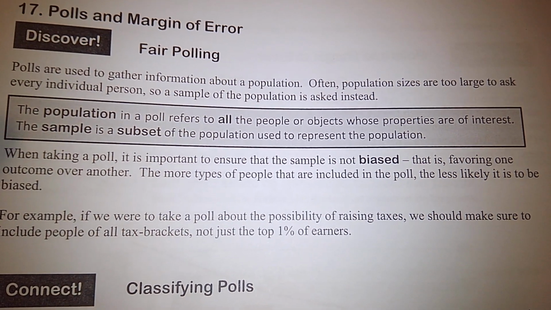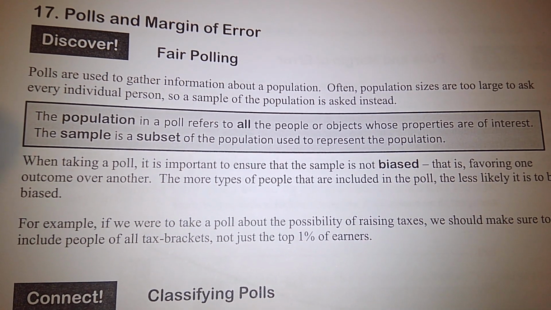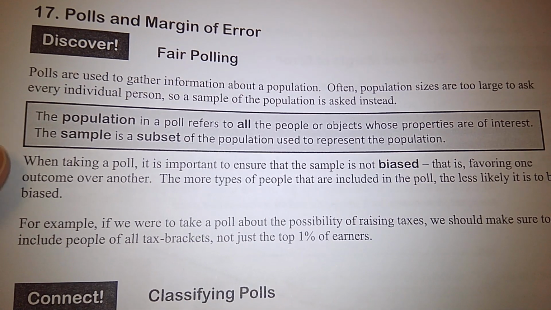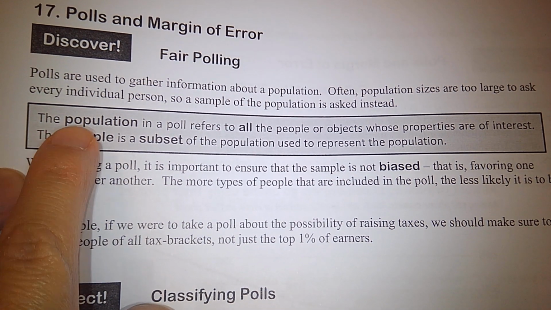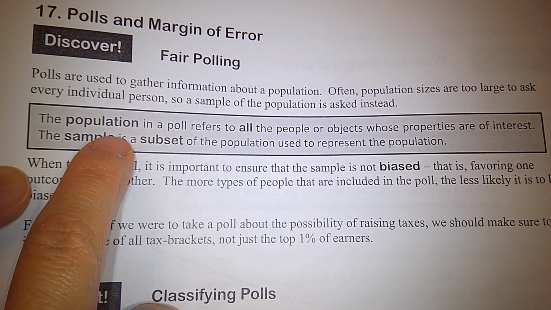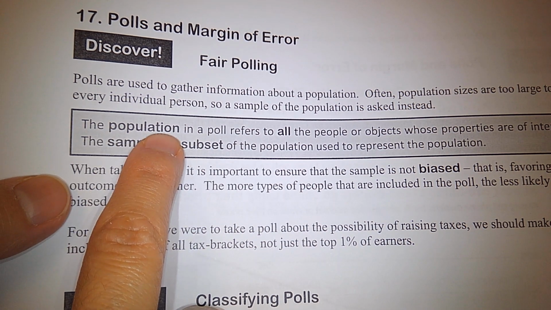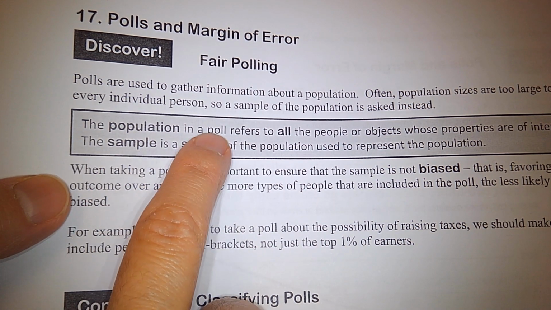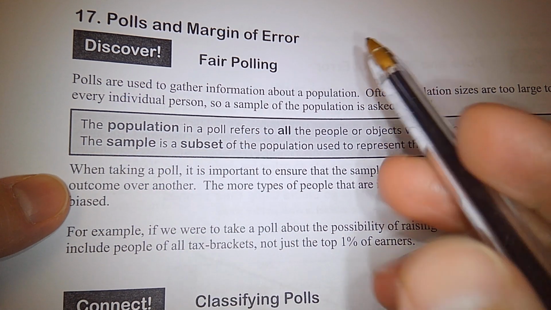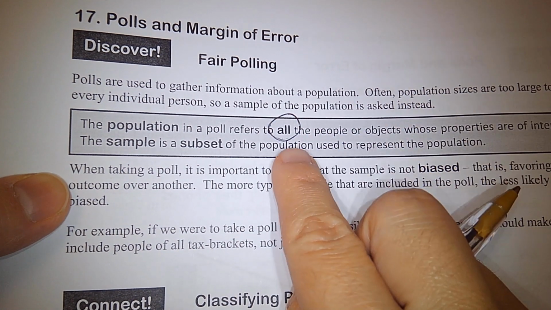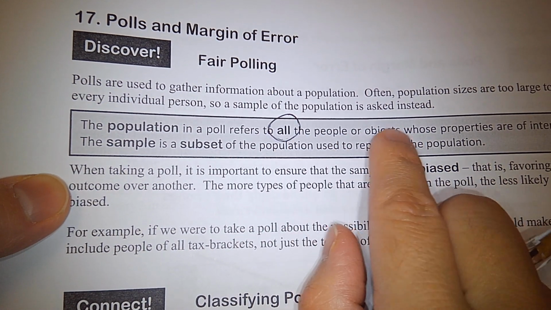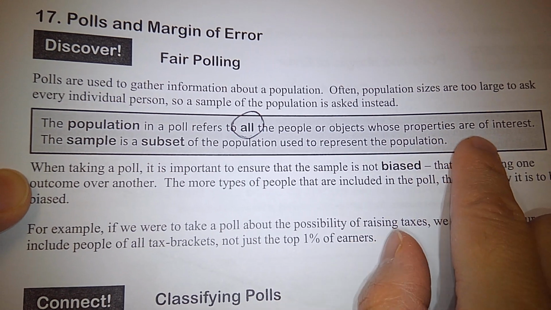In this grade table, we talk about two concepts, two definitions. The first one is about population. How do we understand population? The population in the poll refers to all of the people or objects whose properties are of interest.